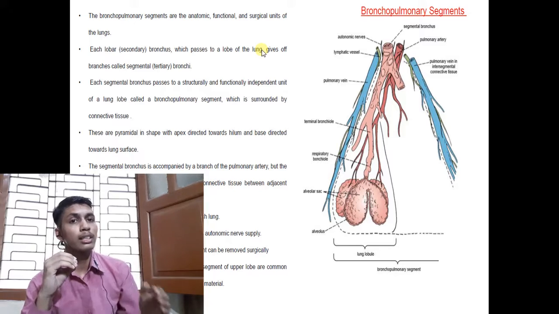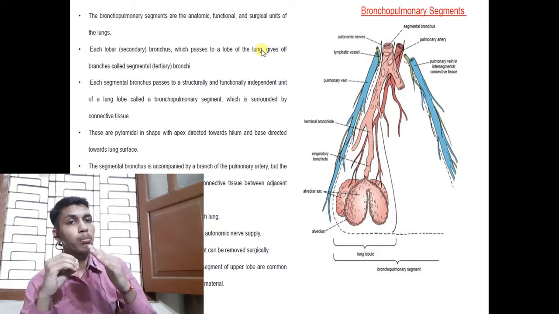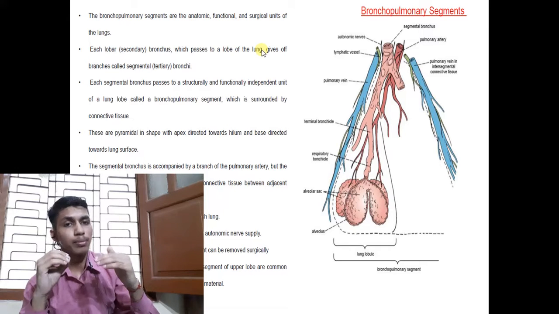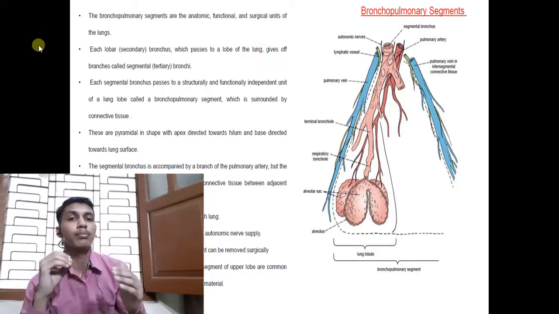One lobar bronchus passing above the pulmonary artery is known as the superior, or epi-arterial bronchus, and one traversing below, lower, or the hypo-arterial bronchus.